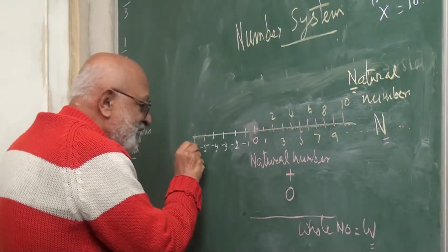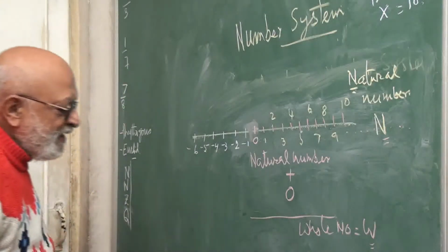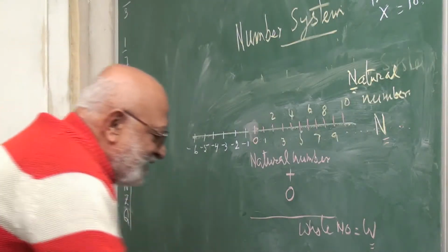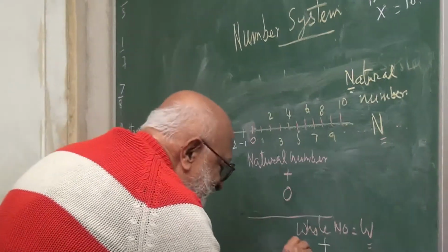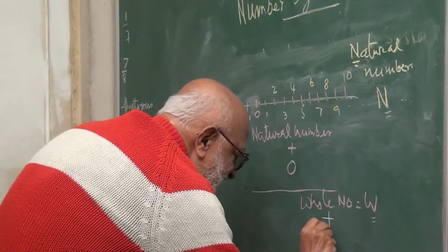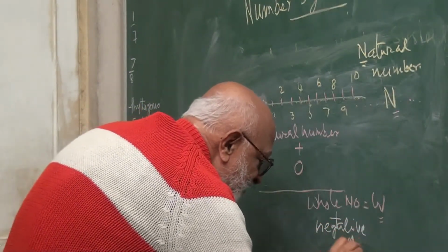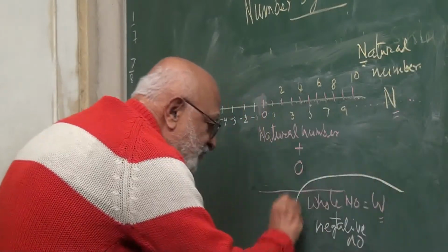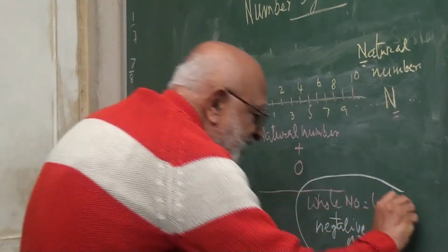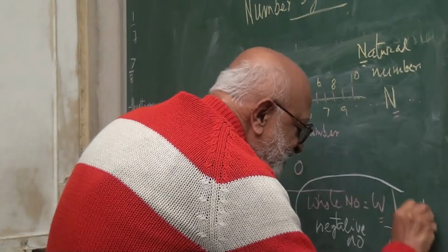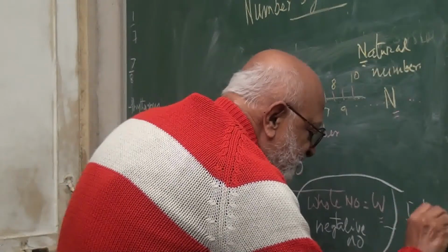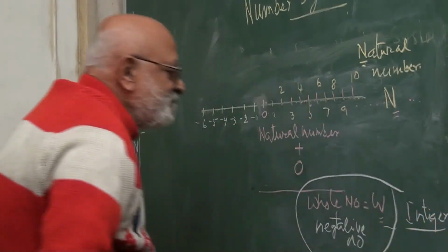Say let us say minus 6. Okay? Now whole number plus negative numbers, this whole thing is called integer. Okay?